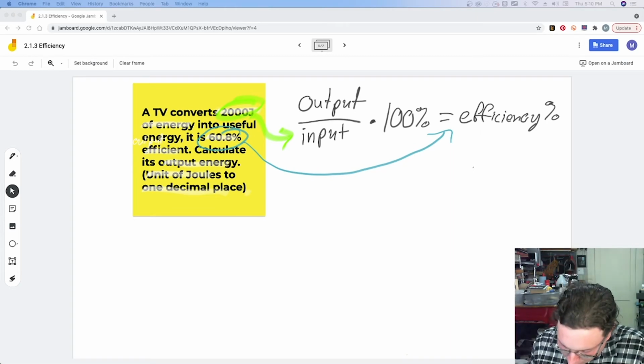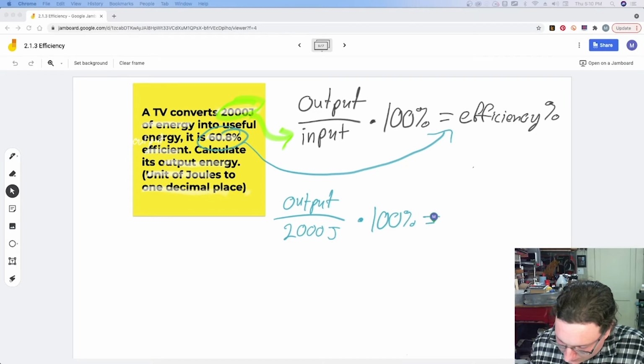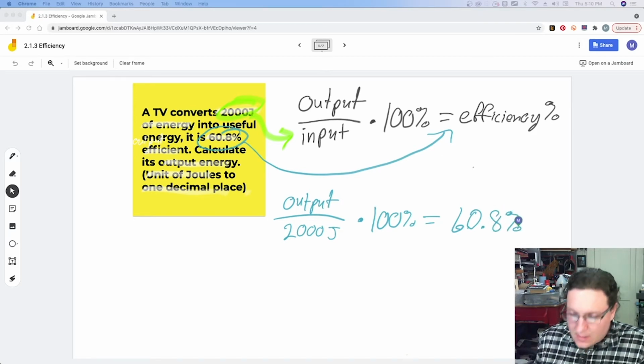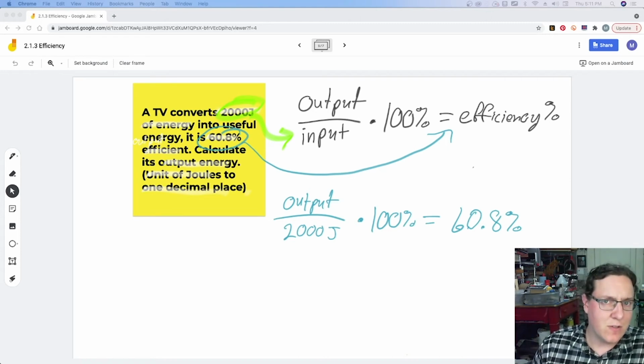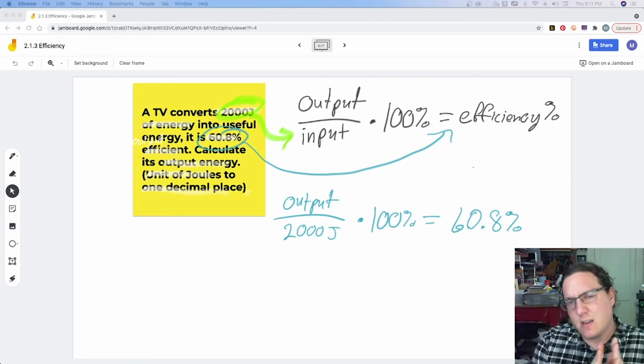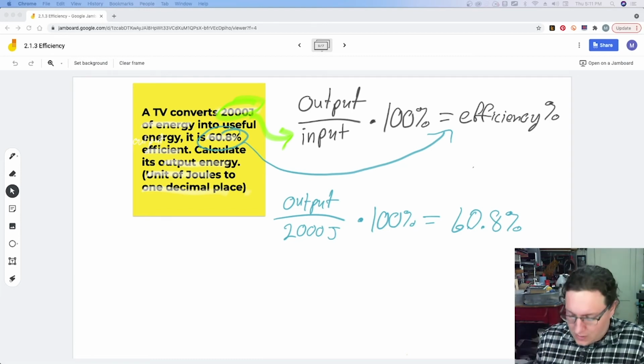So we don't know output yet, but we know that we are dividing by 2,000 joules, multiplying by 100%, and equaling 60.8%. Now, keep in mind with mathematics, you can do all sorts of different order of operations as long as you're still doing the same thing on one side of the equation to the other side of the equation.